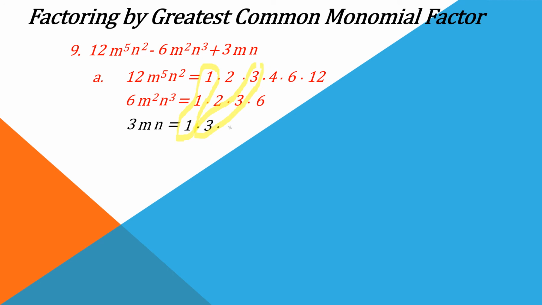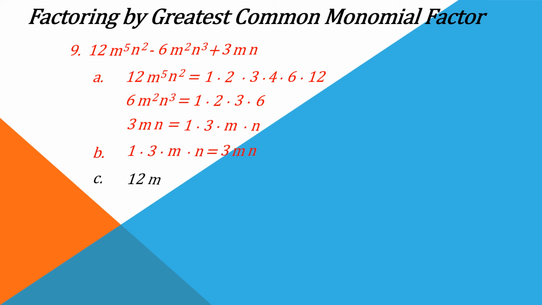Now we will take the least exponent of variables, and we have two variables here, which are m and n, multiplied by the greatest common factor of the numerical coefficients, and this is our greatest common factor for each term. It is equal to 1 multiplied by 3 multiplied by m multiplied by n, or simply equal to 3mn.